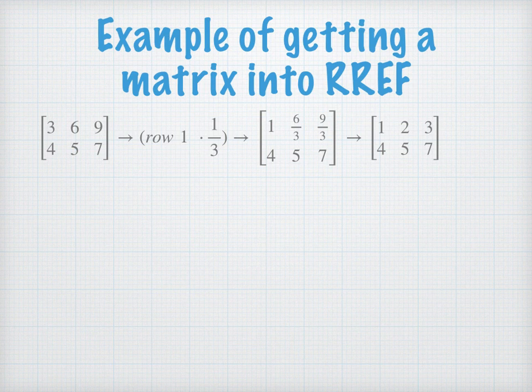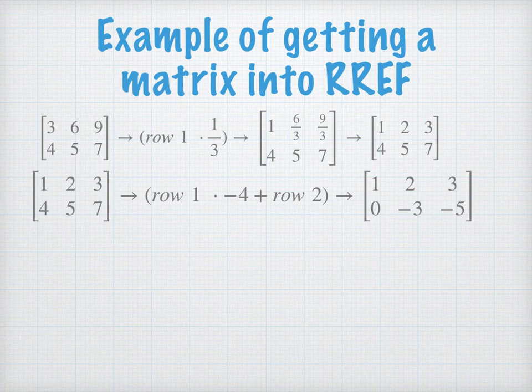So now I want you to ask yourself, what would we have to add to 4 to make it 0? Well, the thing that we would add to 4 to make it 0 is -4. So we're going to think to ourselves, okay, I'm going to multiply in my head my first row by -4, and then I'm going to add that to my second row.